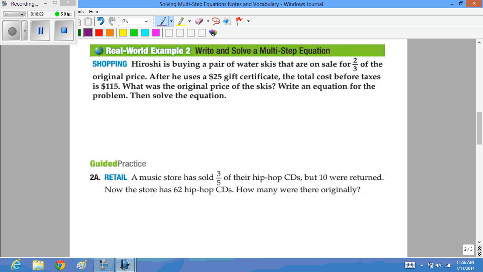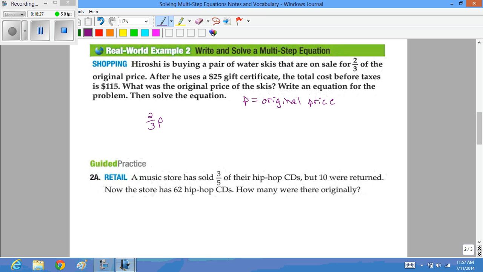What I'm going to do is start with the original price. I'm going to use P. So P is the original price. I know that it's on sale for 2/3 of the original price. Well, translating that, 2/3 of means I'm multiplying by 2/3 of the original price.